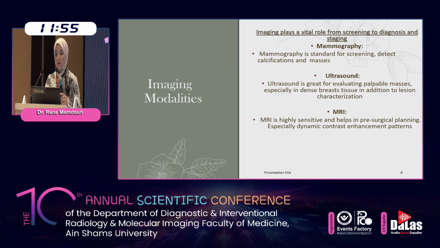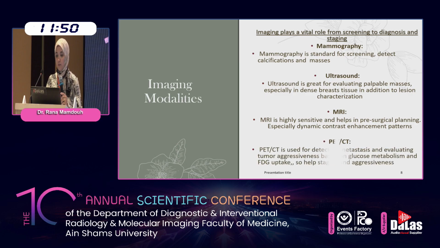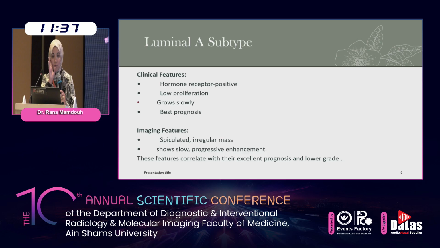MRI is sensitive and helps in pre-surgical planning, especially the dynamic contrast enhancement pattern. And PET-CT is used for detection of metastasis and evaluation of tumor aggressiveness based on glucose metabolism, so it helps staging and assessing aggressiveness.